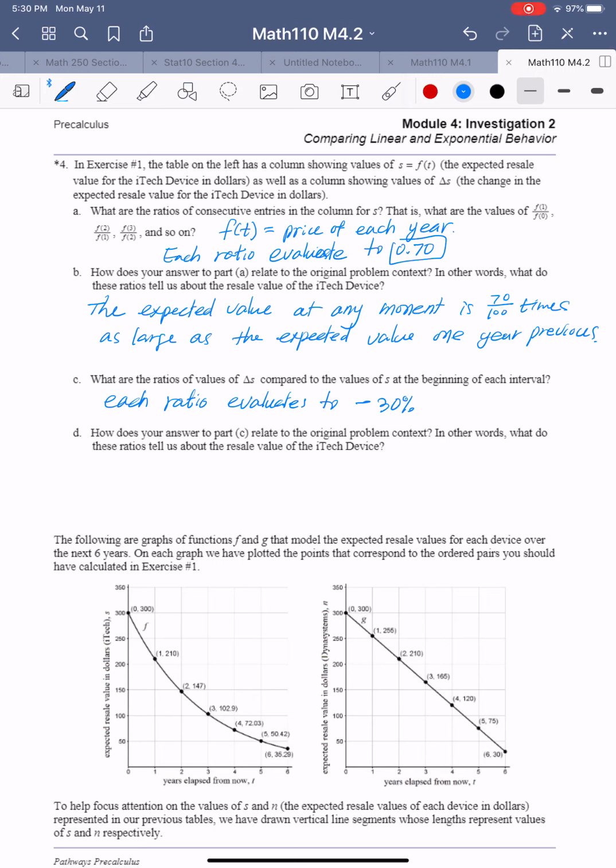Alright, how does your answer to part C relate to the original problem context? In other words, what does this ratio tell you about the resale value of the iTech device?